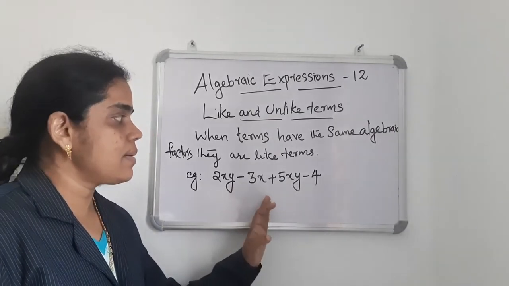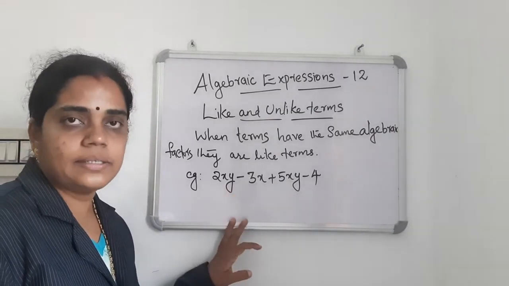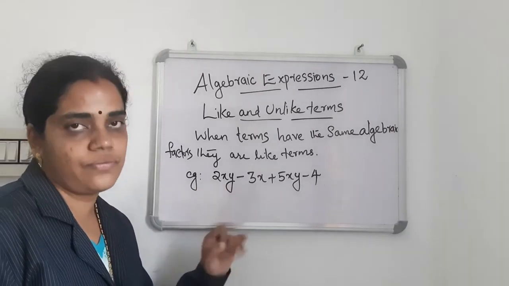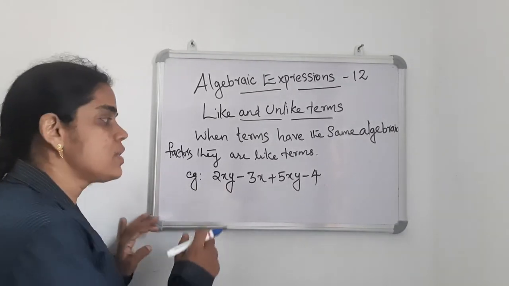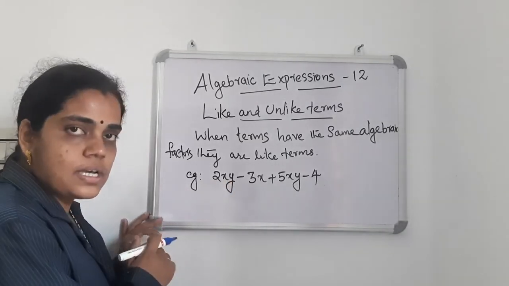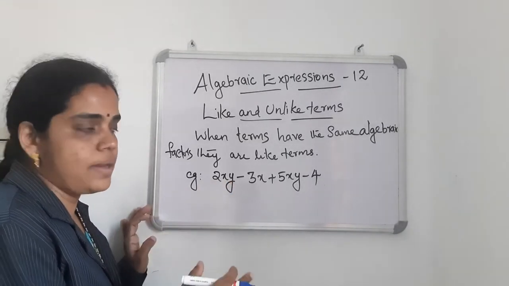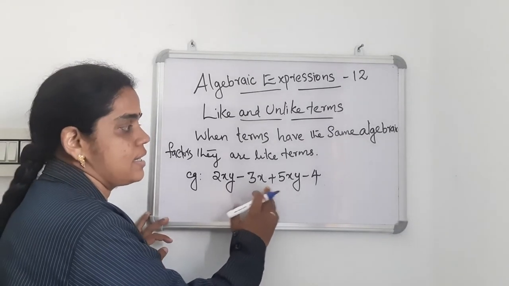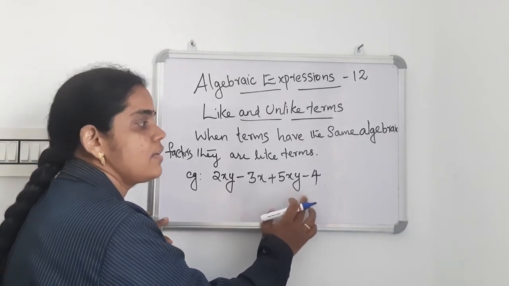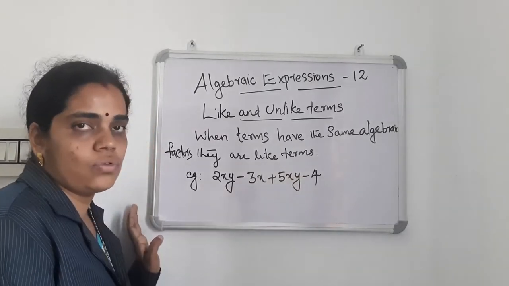In this example, can you find out the like terms? Same algebraic factors. We already studied what factors are. So the factors of 2xy are 2 and xy, here the factors are negative 3 and x, here 5xy, here the factor is 4.